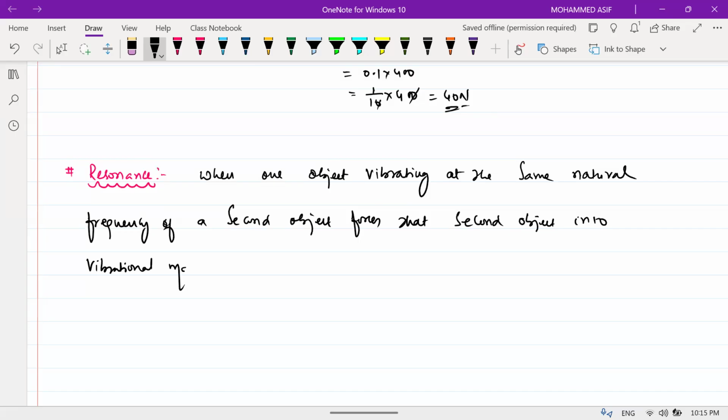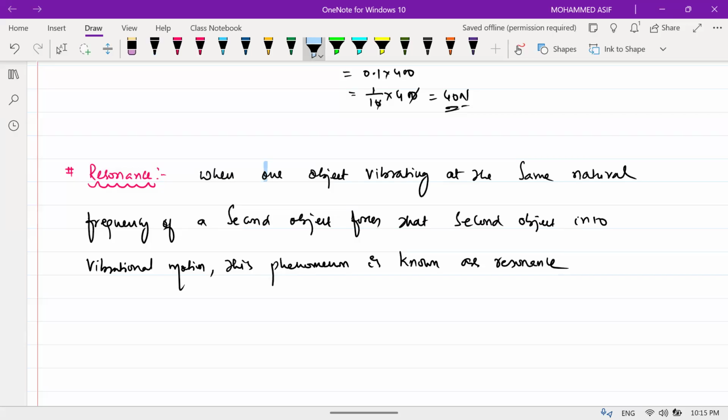It is making the second object vibrate. This phenomenon is known as resonance.